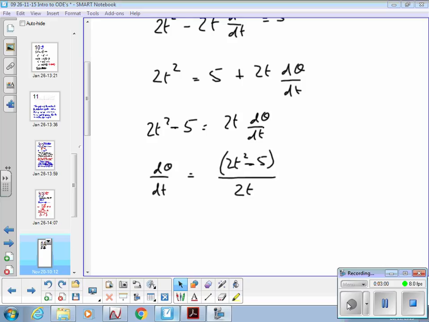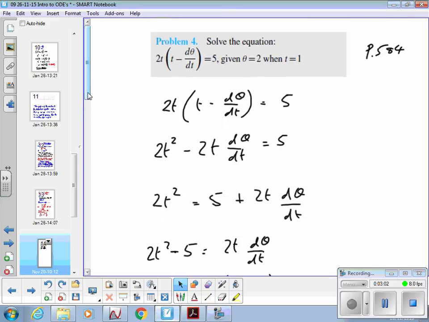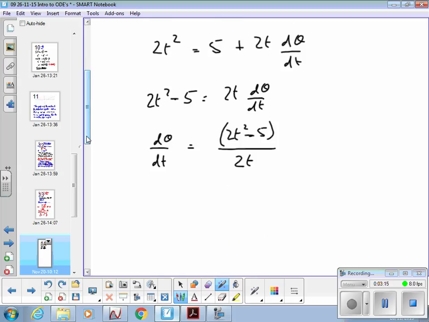Looking at this one, we're in luck in a way. If we look at the original problem, theta, which is the dependent variable, only occurs once, inside the differential. So really all we've got to do is to get that differential on its own, and then all the other terms are just going to involve the independent variable t. So all I need to do to get rid of the differential is integrate it, and I'll end up with theta.